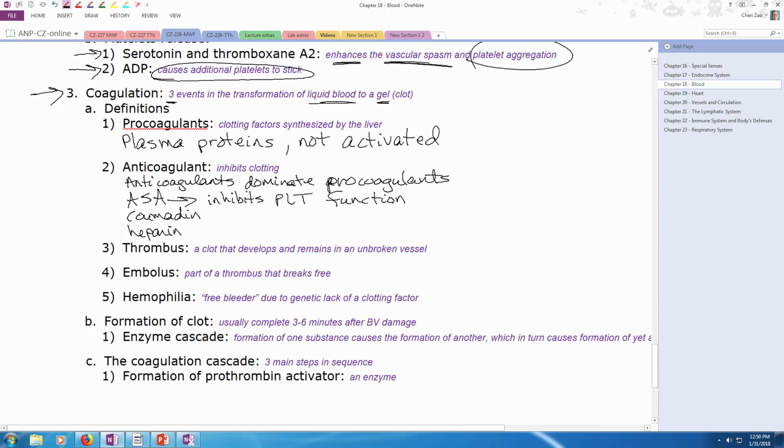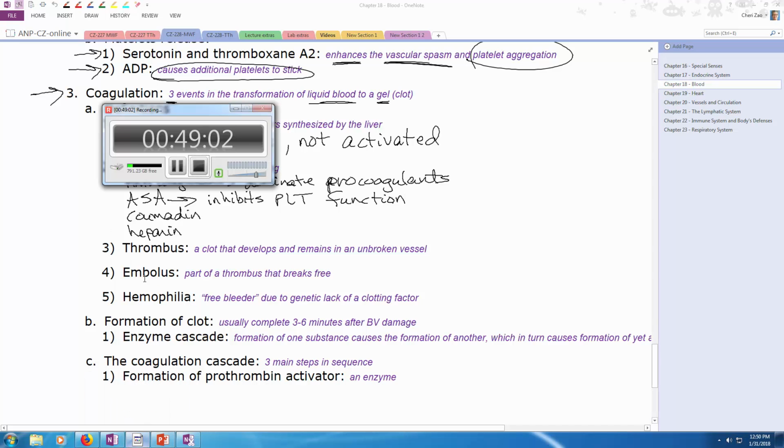Now, does anybody know how many milligrams the aspirin is that most people need to take? 81. And aspirin, if you take for headaches, is going to be 325 to 500 to 1,000 milligrams a day. So a very small amount has a very large effect. We'll finish our discussion on the rest of this chapter next time because it's time to go.